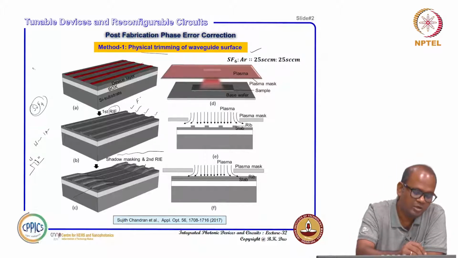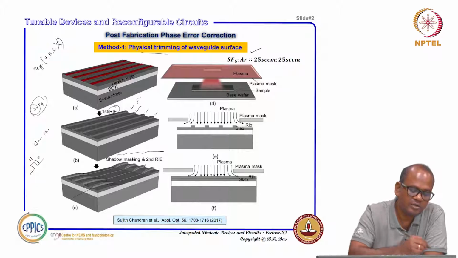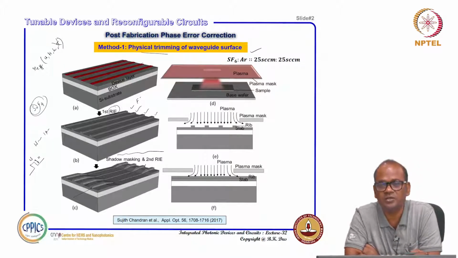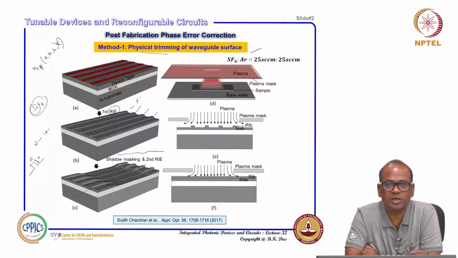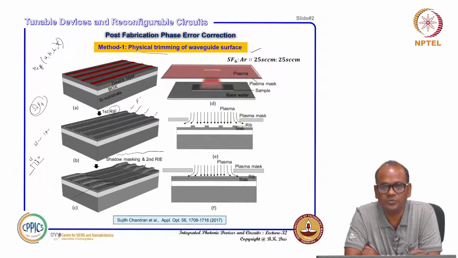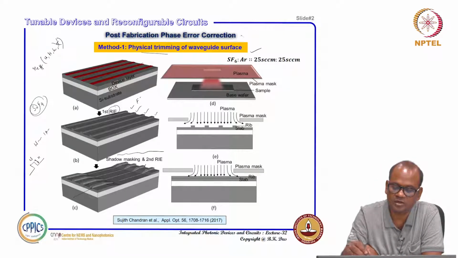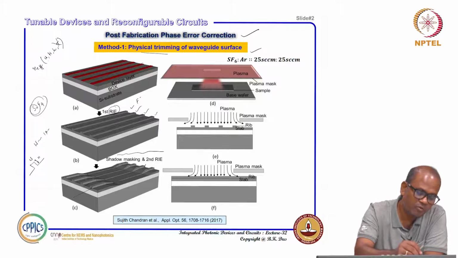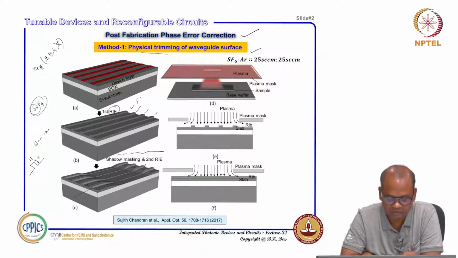As you know, N effective of a waveguide, as we mentioned earlier, is a function of waveguide width, waveguide height, slab height, as well as the operating temperature. I am not considering operating temperature dependencies here, because it is just a permanent change you want after fabrication. That's why it is a post-fabrication phase error correction. So only waveguide width, height, and slab height can be changed.